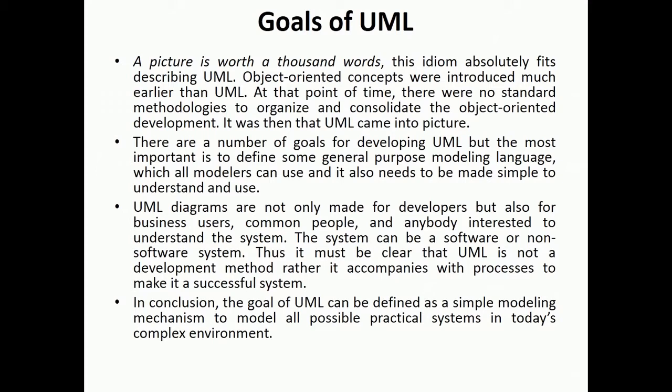UML also includes new concepts that were not present in other major methods at the time, such as extension mechanism and the constraint language. So we can say that UML has been designed for a broad range of applications. Hence, it provides constructs for a broad range of systems and activities. For example, which type of activities? Distributed systems, analysis, system design, deployment.